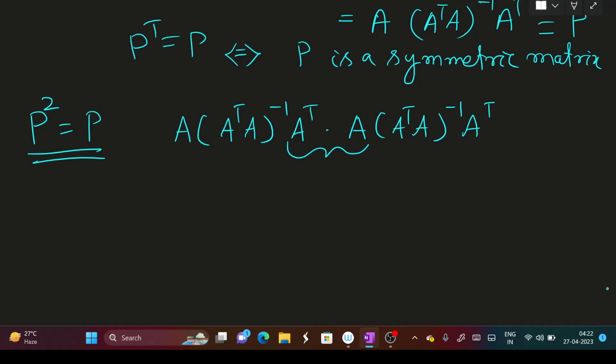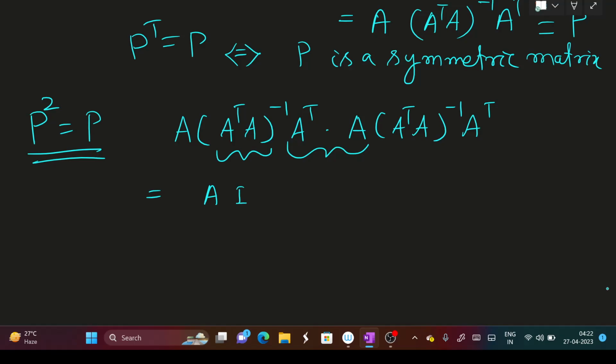This, how much is it? This part, considered together, is A transpose A whole inverse into A transpose A, something inverse into something is identity.